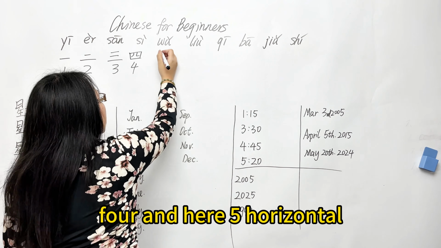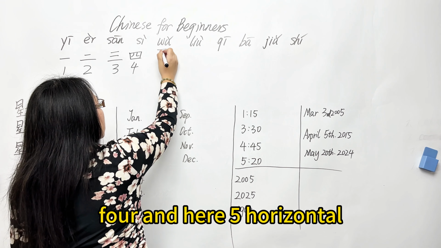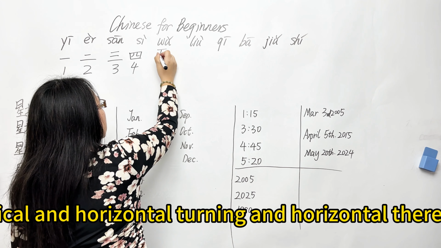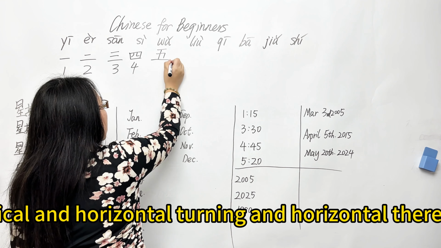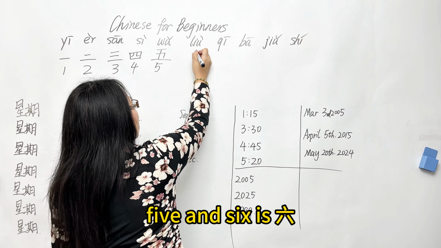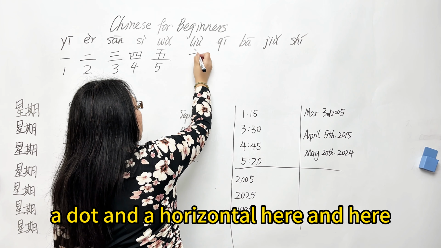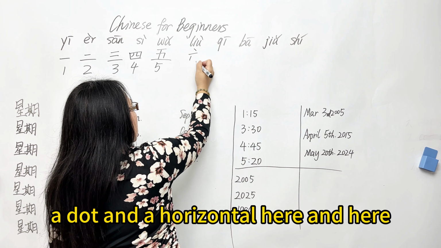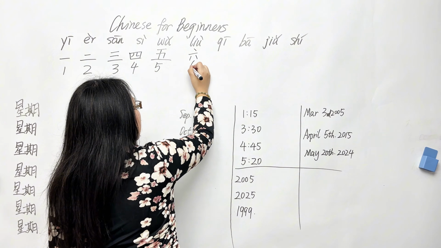And here 五, 5: horizontal, vertical, horizontal turning and horizontal. There's 5. And 六 is 6, a dot and a horizontal here and here, 6.